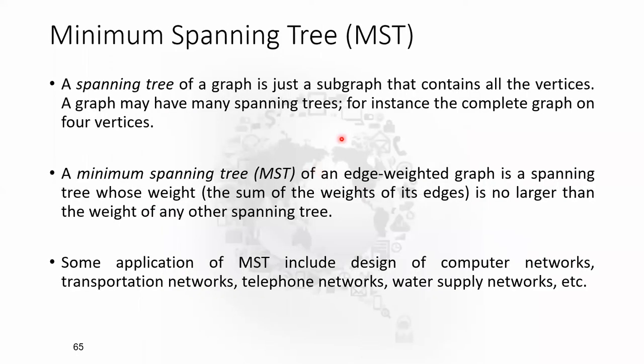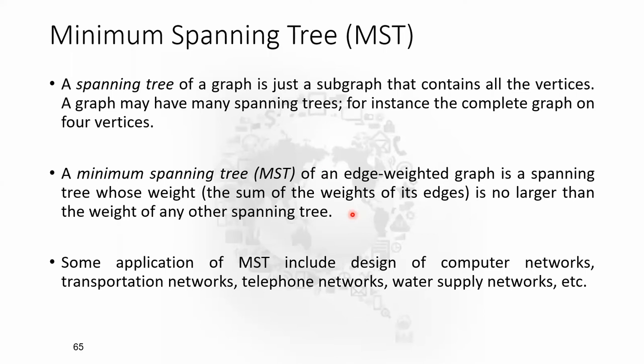Next we go to the minimum spanning tree, MST. A spanning tree of a graph is just a sub-graph that contains all the vertices. A graph may have many spanning trees, for instance, the complete graph on 4 vertices. An MST of an edge-weighted graph is a spanning tree whose weight is no larger than the weight of any other spanning tree.